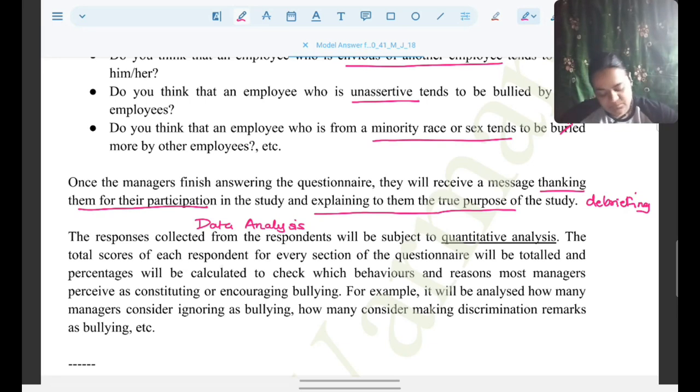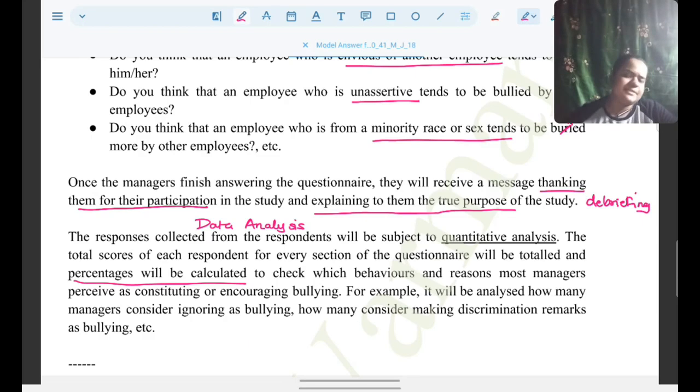The total scores of each respondent for every section of the questionnaire will be totaled, and percentages will be calculated to check which behaviors and reasons most managers perceive as constituting or encouraging bullying. Percentages will be calculated. I hope you've studied last year and you've revised this year well your quantitative analysis section. One way is we can count scores, we can come up with frequencies, convert frequencies to percentages.